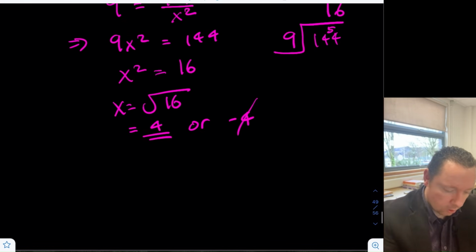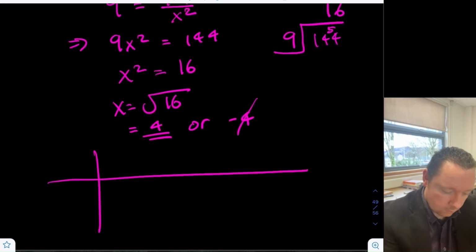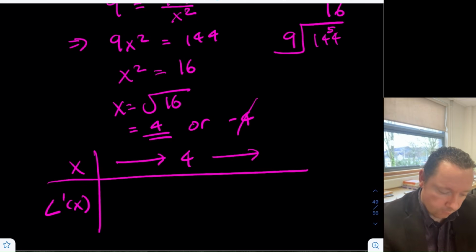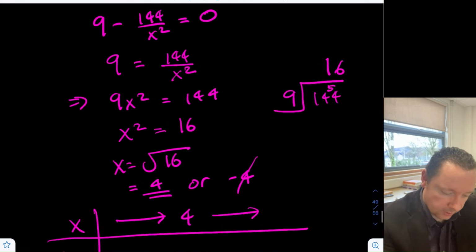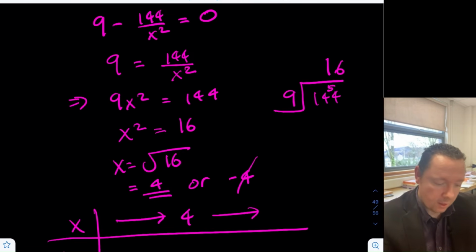So looking at our table of signs, we've got x, we're going along to 4 and along, and then L dash x. Well, in the vicinity of 4, remember L dash x is equal to 9 minus 144 over x squared. So apart from 0, you can't pick 0. 3 3s is 9. 9 into 144 is 16.